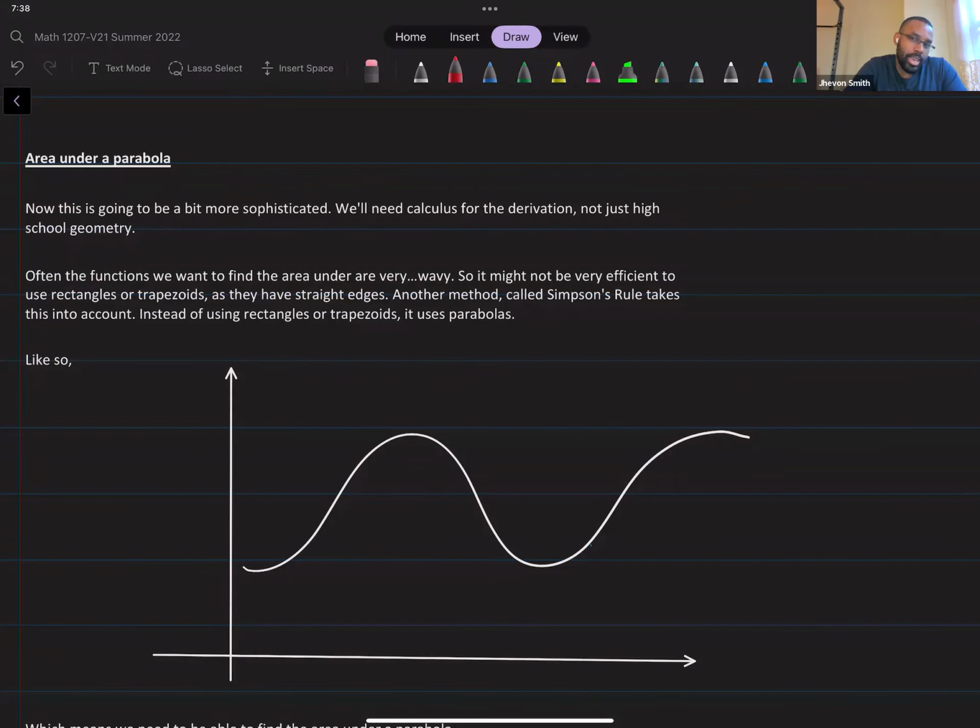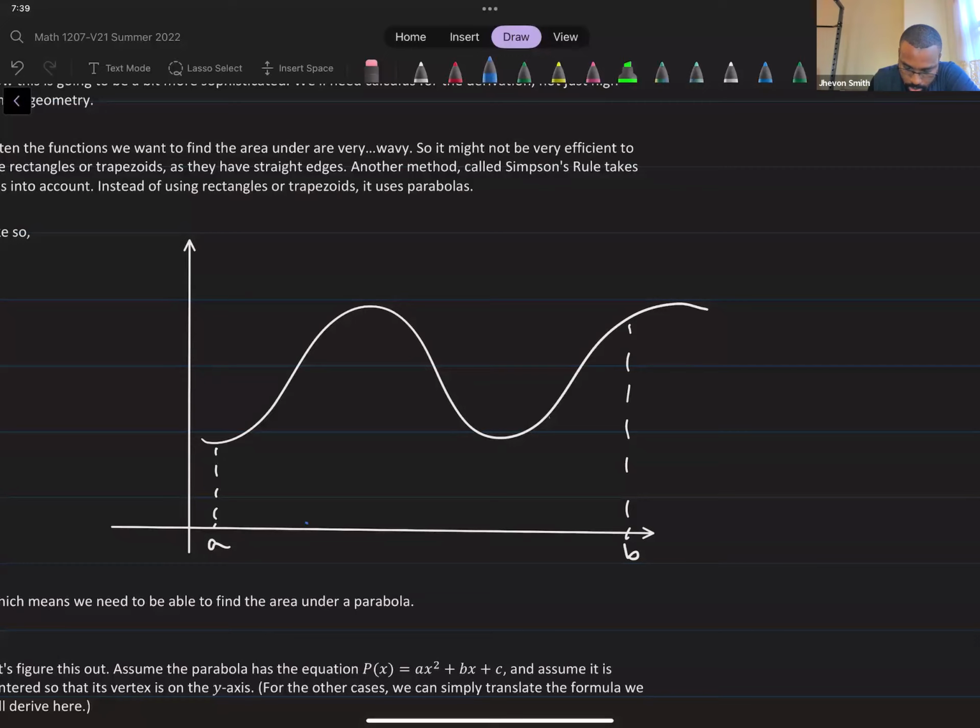So you might be in a situation like this where, you know, this is your wavy thingy, this is your A, this is your B. So how Simpson's works is, let's see, here, here, here. You have to, by the way, split it up into an even number of intervals. So that's the first thing, and I'll mention why that is.